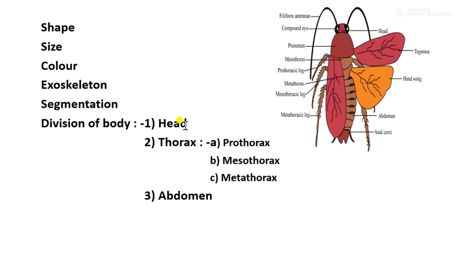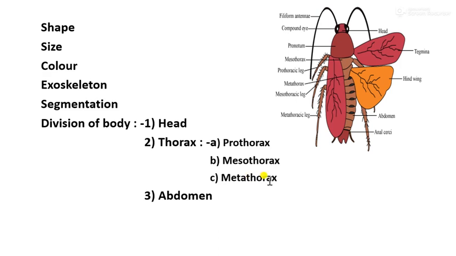Now we see the thorax of cockroach. The thorax consists of 3 segments: the prothorax, mesothorax and metathorax. Each segment bears a pair of walking legs, and the first pair of wings arise from the mesothorax, while the second pair arise from the metathorax.